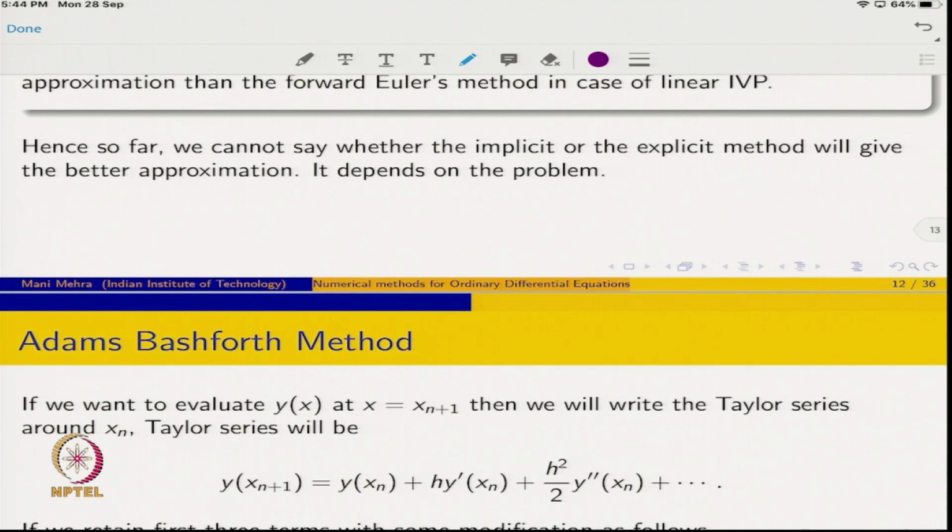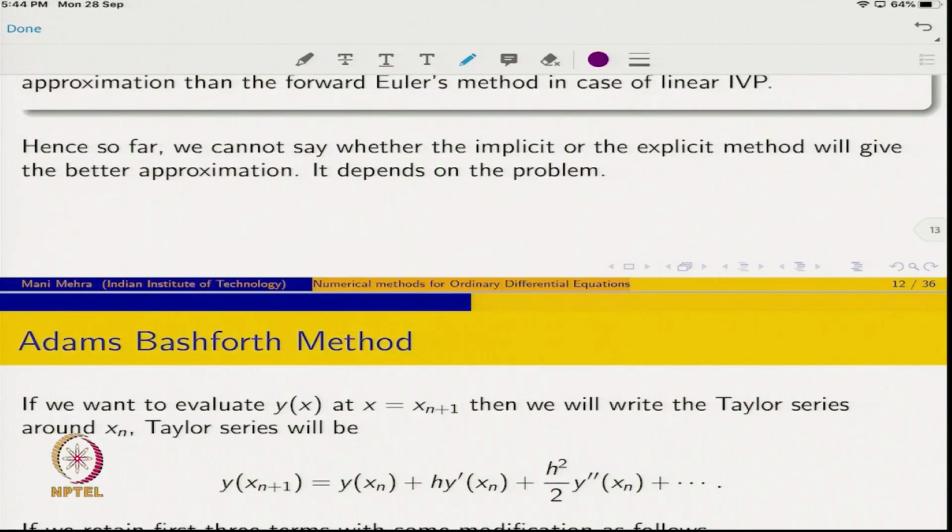So, now let me start with the Adams-Bashforth method. Adams is also the name of a scientist, Adams-Bashforth.